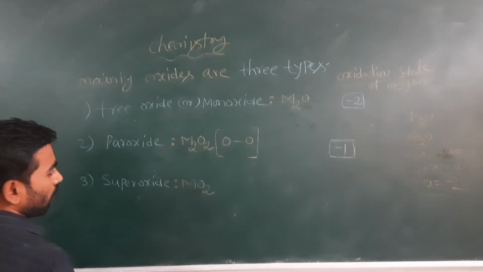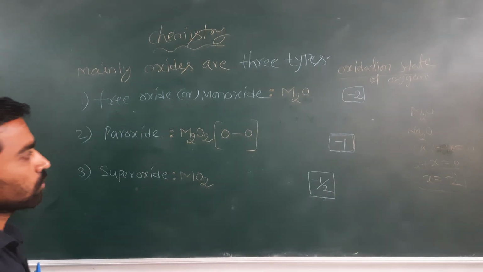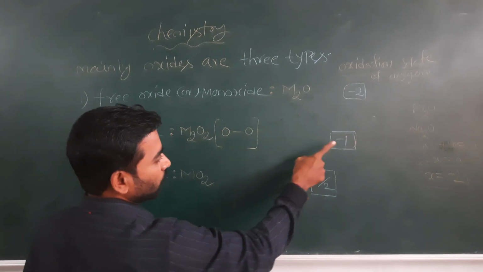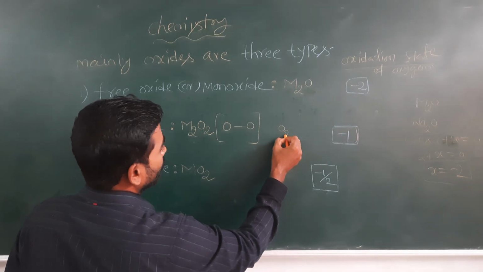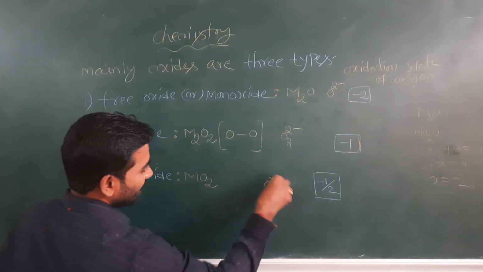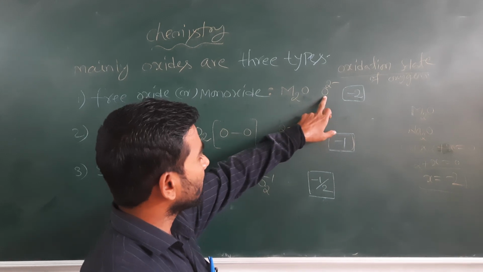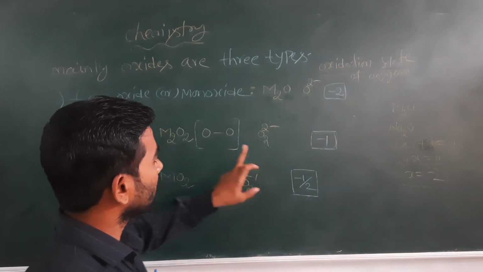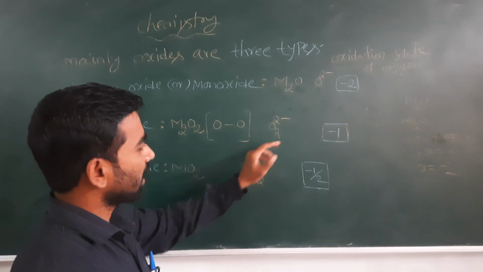In MO2 type superoxides, the oxidation state is -1/2. This is the oxidation state of a single oxygen only, not of two oxygens. For the two oxygens together, it is O2 2-, and for superoxide, O2 -. Here I have written the oxidation state of each single oxygen; the ions are written by the criss-cross method: in O, 2- comes, so O2 2- results, and in MO2, since M is +1, the -1 comes up as O2 -.